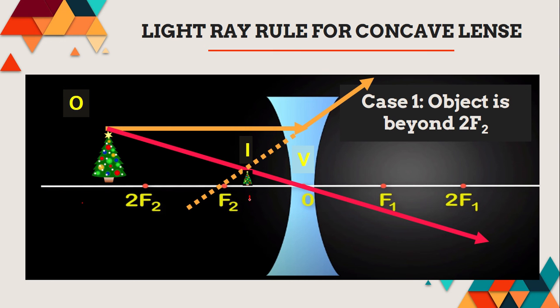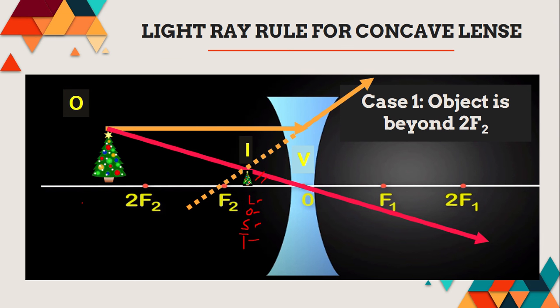So, apply natin sa ating properties of image. Mapansin nyo, saan siya nakalocate? Alright, between vertex and F2. Anong kanyang orientation? Is it inverted or upright? Okay, upright. Anong kanyang size? Is it diminish or enlarge or reduce or same size?